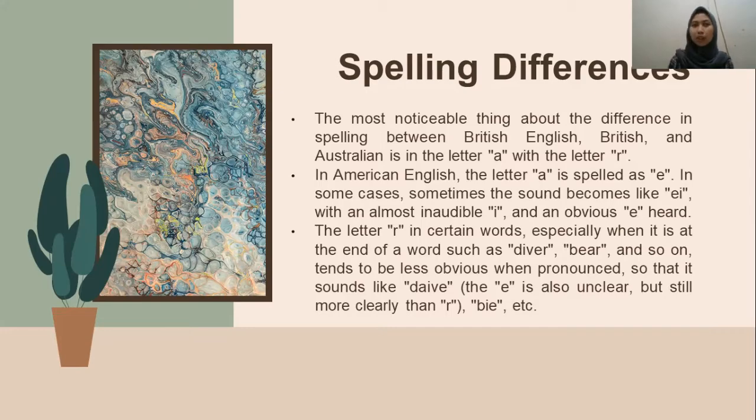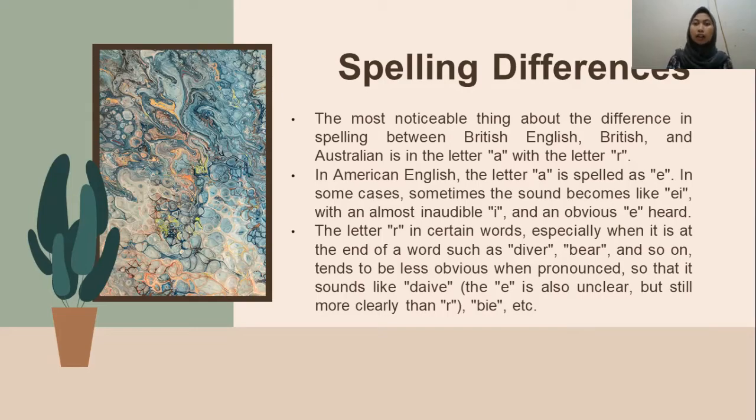So the most noticeable thing about the difference in pronunciation between British, American, and Australian English is in the letter A with the letter R. In American English, the letter A is pronounced as E in Indonesian. In some cases, the sounds become like A with an almost inaudible I and an obvious E heard.